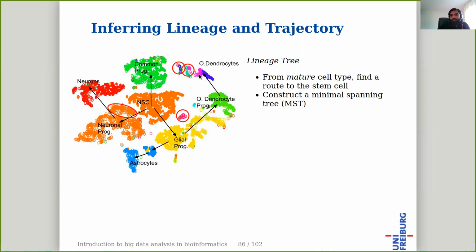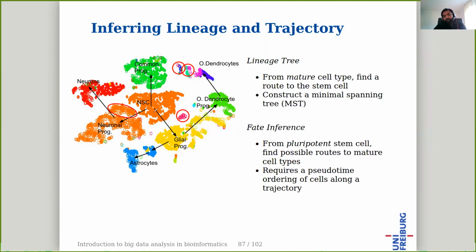We want to find out this path, how we can go from here to here. For this, we construct a minimal spanning tree starting from here to here. That's what we do for the lineage construction.